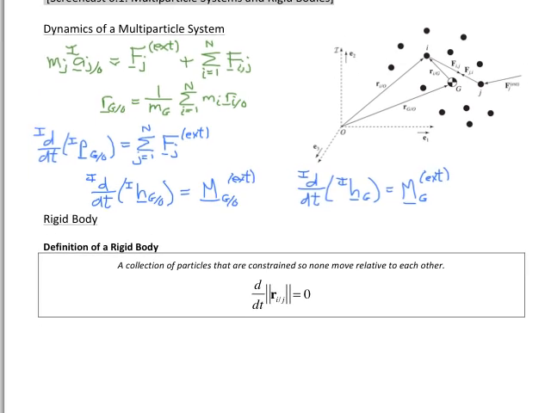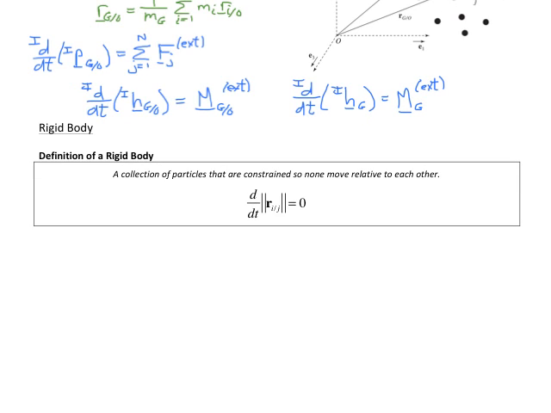And so this leads us now to our definition of a rigid body. We've said before in this course that it's a collection of particles that are constrained so none move relative to each other. And so the constraint itself, or the series of constraints, is defined as the time derivative of the norm of the position vector between any two particles in a rigid body is equal to 0.